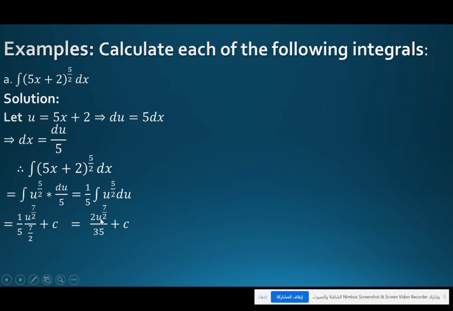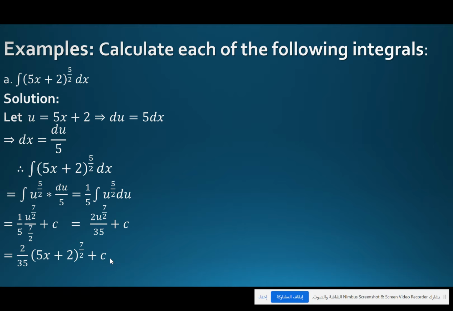And later you can replace u back with what it was, from the beginning 5x plus 2. So you now substitute it again and write it this way: 2 over 35, which is the constant, multiplied by (5x + 2) to the power of 7 over 2 plus c. I am done with the first example.